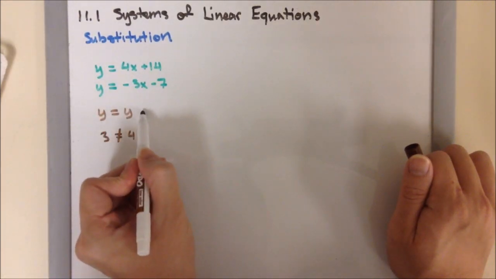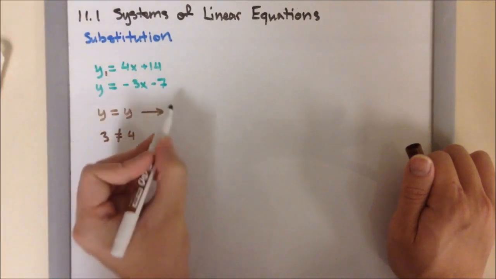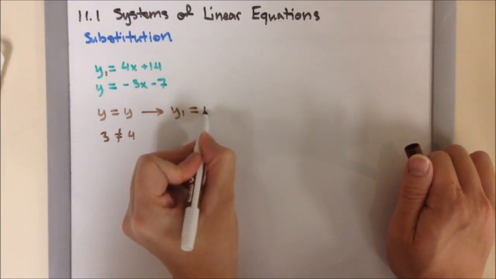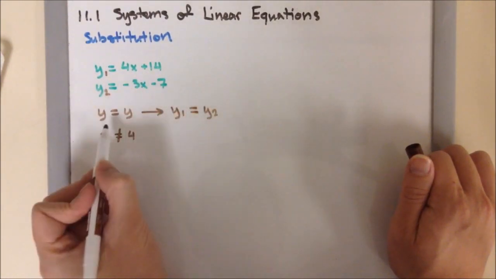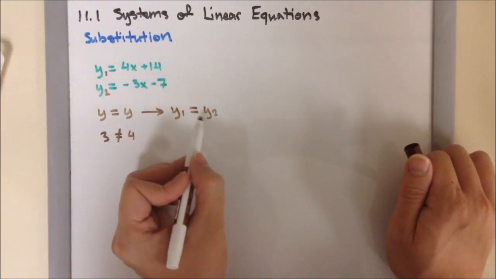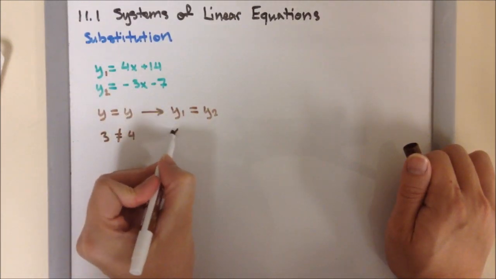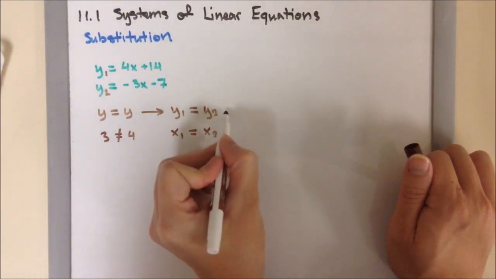So if y equals y, then you can say y1, your first equation, is equal to y2, your second equation. Same thing if you had x isolated. So you could do that.